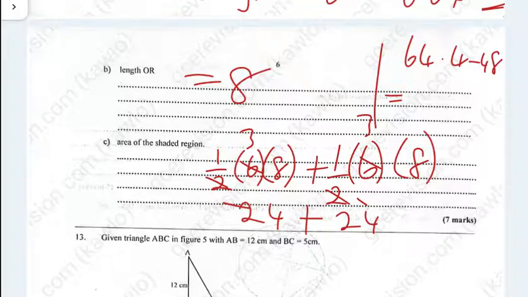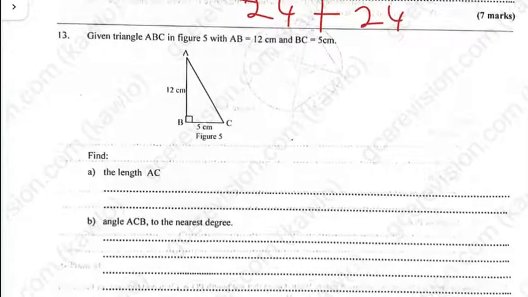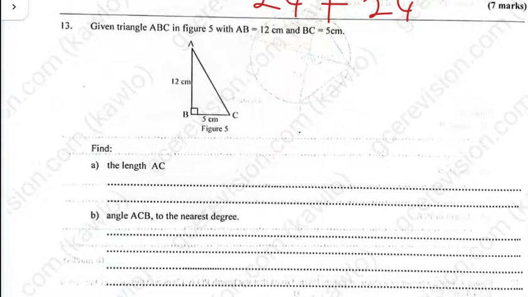Good. That brings us to question 13. Given the triangle ABC in figure 5 with AB equals 12 centimeters and BC equals 5 centimeters, find the length AC. Of course, the length AC is 13. This is what you see in class all the time. This is a Pythagorean triple again.